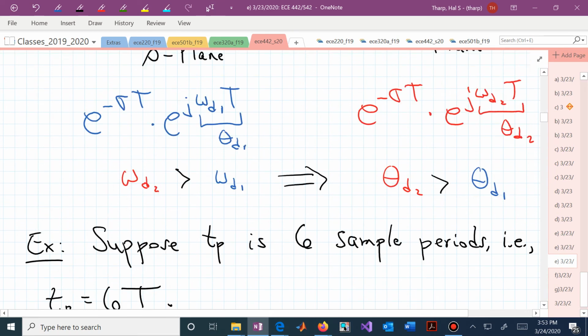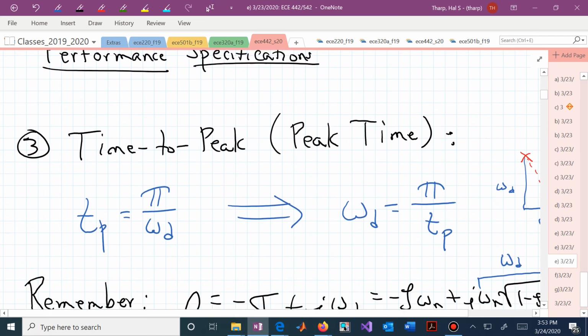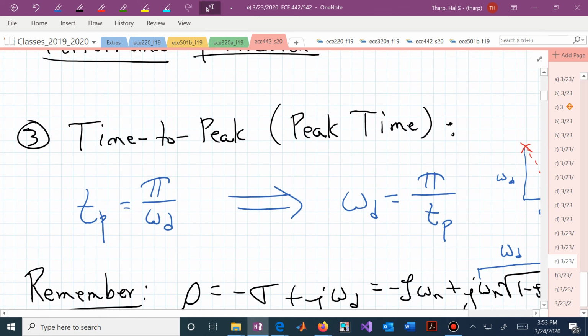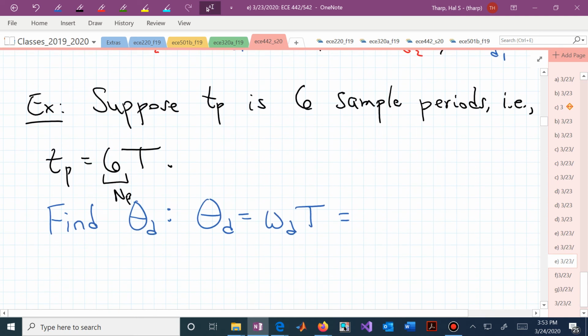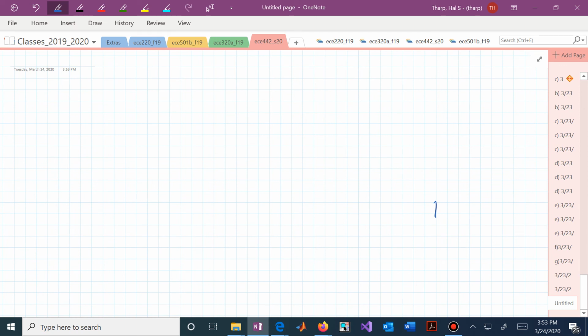But in terms of time to peak, which is what we started with in this segment, omega sub d can be parameterized as pi over time to peak. So now we can say omega sub d can be rewritten in terms of peak time as pi over t sub p.